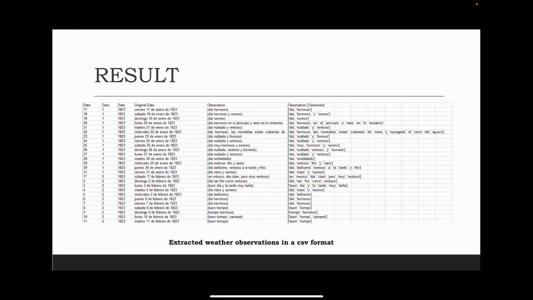The fifth column is the observation that came with the date, and the next column is the tokenized and stemmed version of the observations. Right now you're looking at a snippet. We were able to get approximately 9,000 rows of dates and observations, arranged in CSV format for better access.